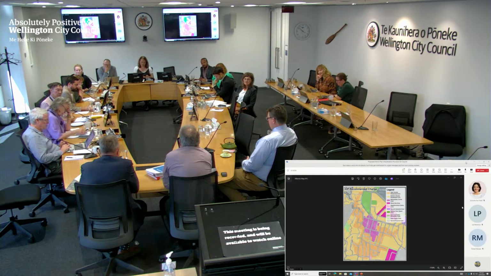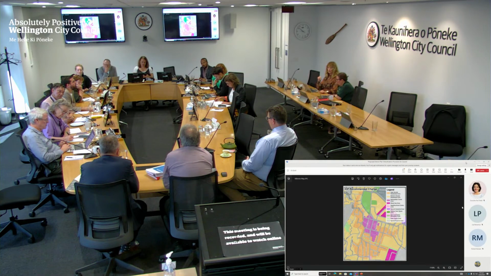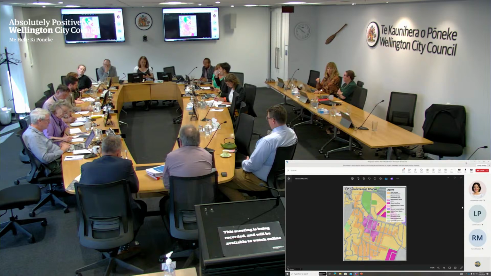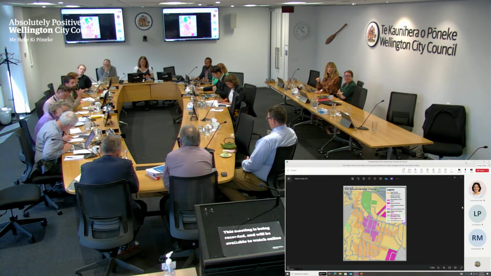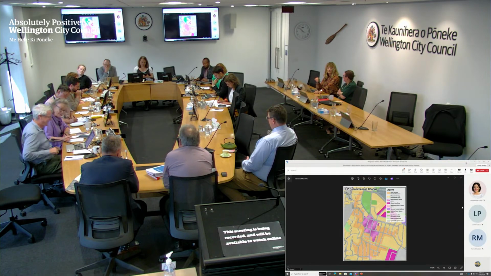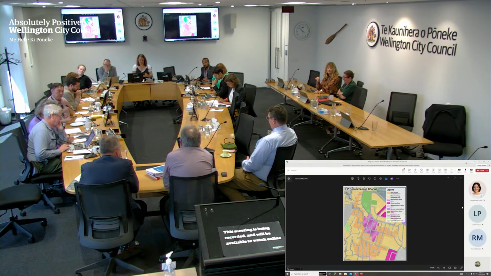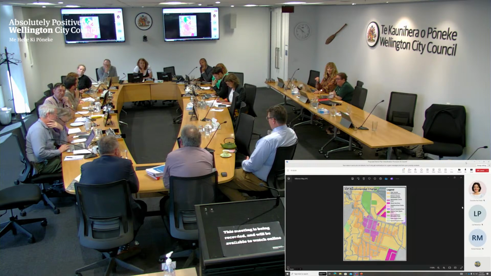And so the same property might have both character values and heritage values. Some heritage properties will have heritage values but no character values, or little streetscape value, and some character properties may have streetscape value but little or no heritage value.